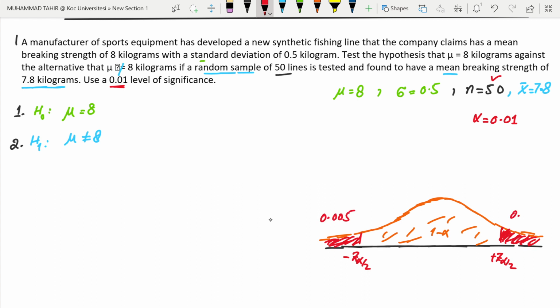So this is 0.005 this region, right? Okay, these are the critical points, and just to remind you, ये जो axis है वो z axis.